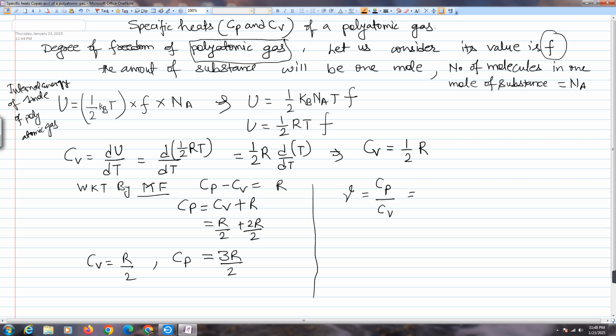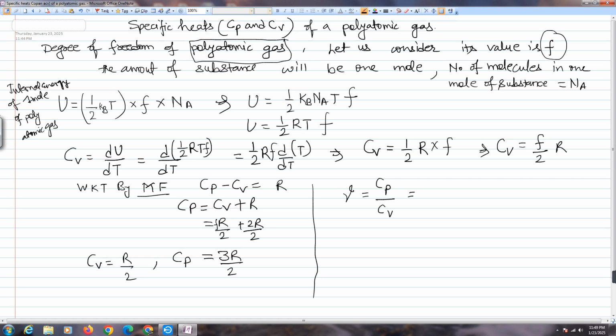F will also come out, so it comes out multiplied by F, and Cv is equal to F by 2 R. Correct?